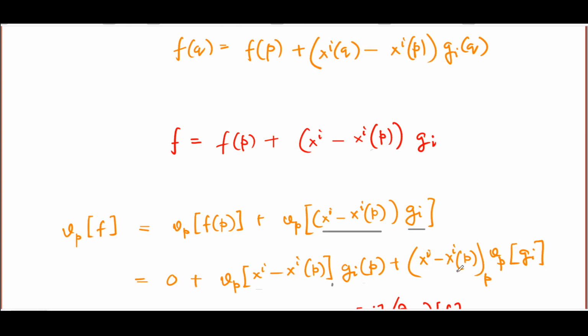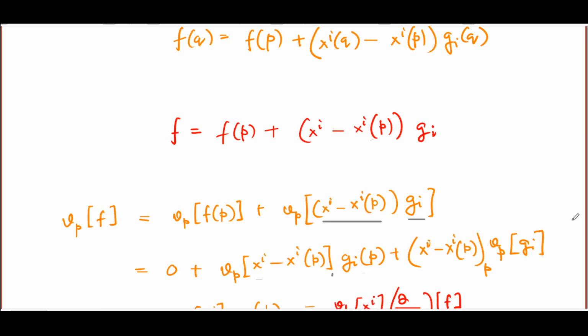However, note that this actually multiplies the value of the factor xi minus xi(p), value of this function at the point p, which thankfully happens to be xi of p minus xi of p, and that is 0. So this term, the term which could have given us a lot of trouble, drops off.